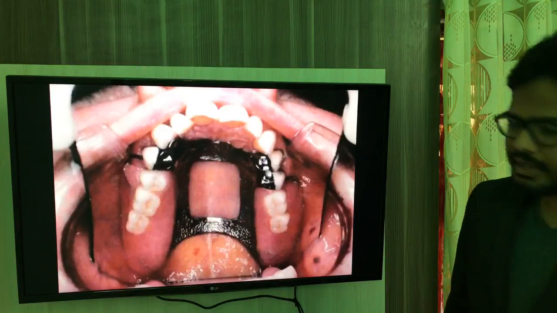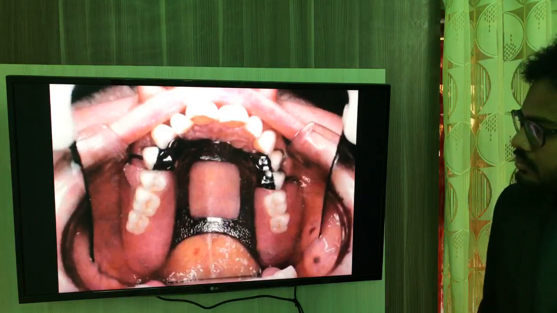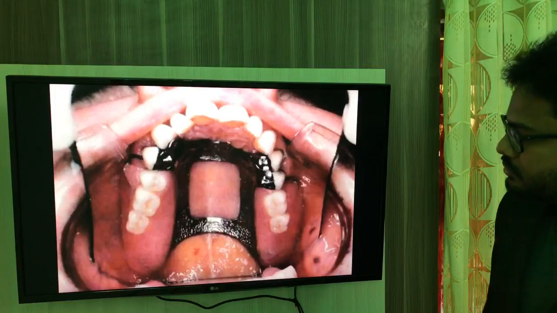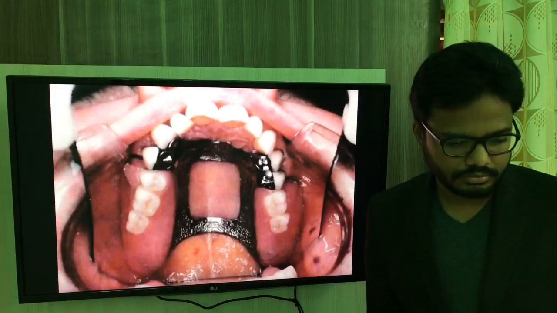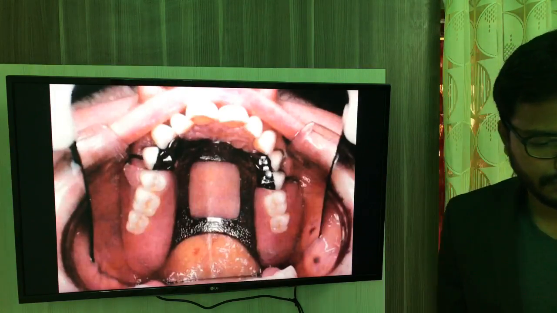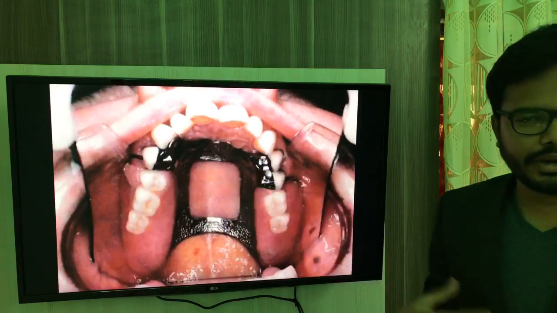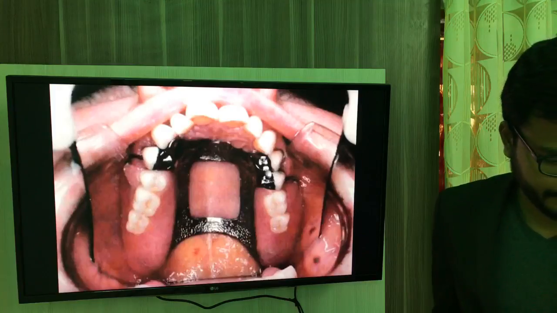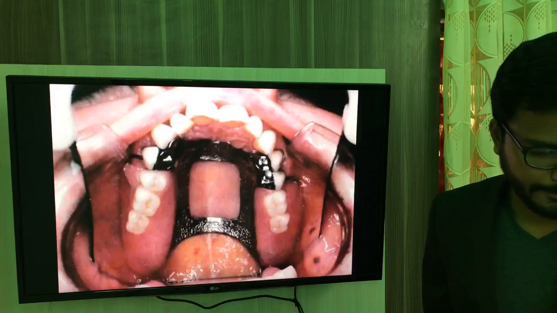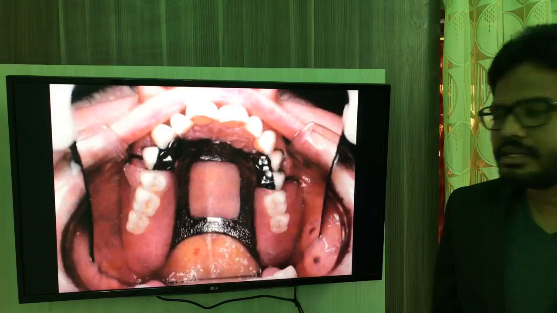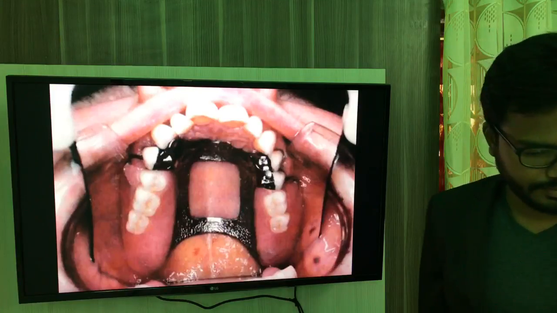And what does this image represent? A complete palate which has been cut out in the center to accommodate any tori or something. Yeah. So what does this major connector represent?